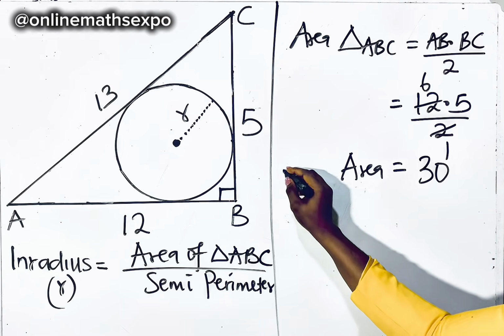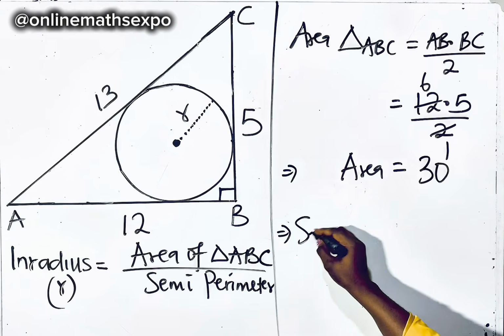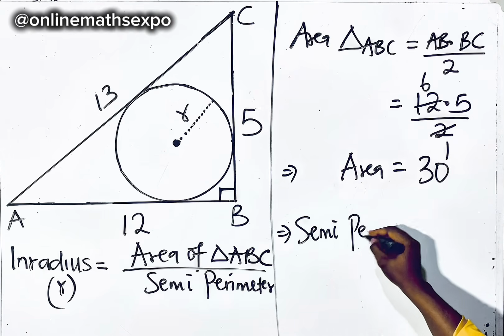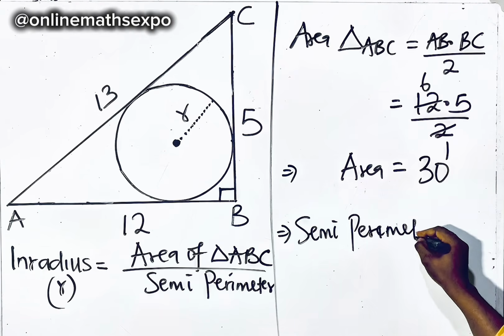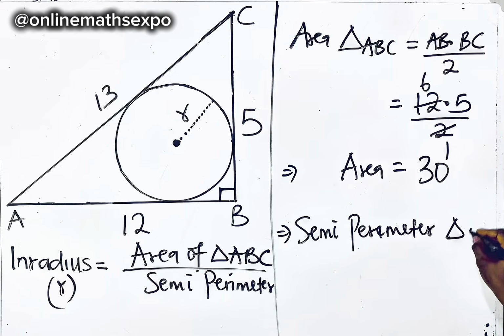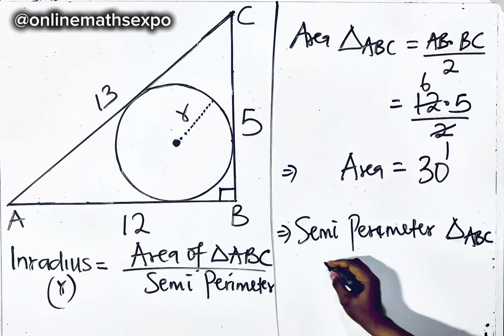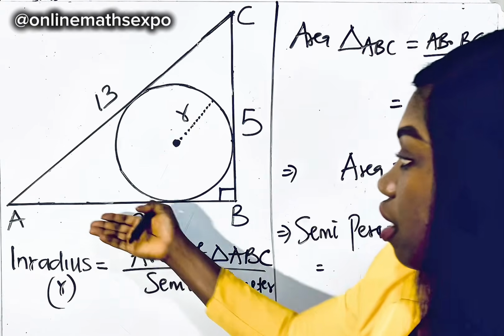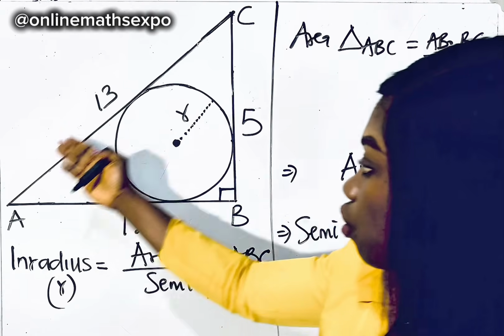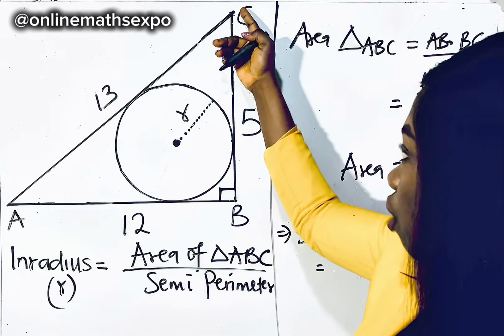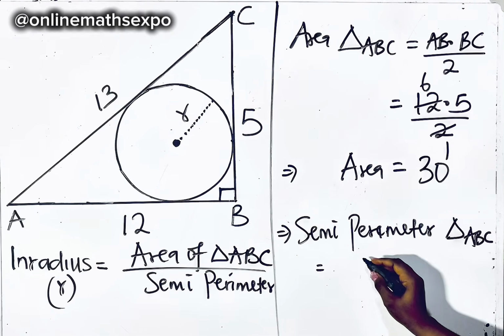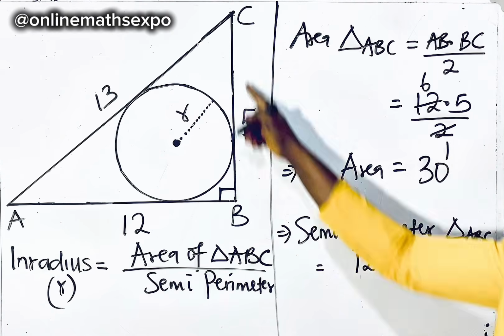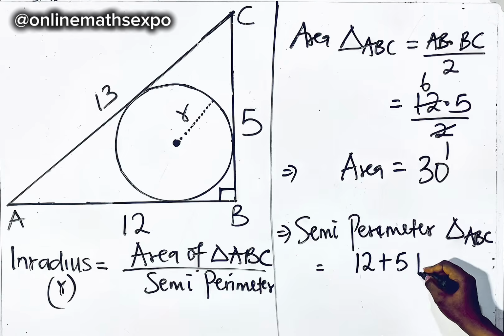Now let's get the semi-perimeter of triangle ABC. Remember, perimeter is the distance around the shape. So we are looking at the distance around the triangle. That will give us 12 plus 5 plus 13.